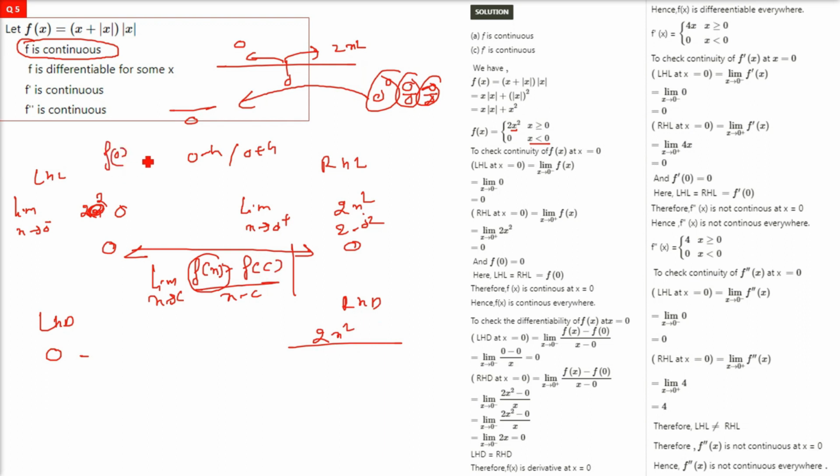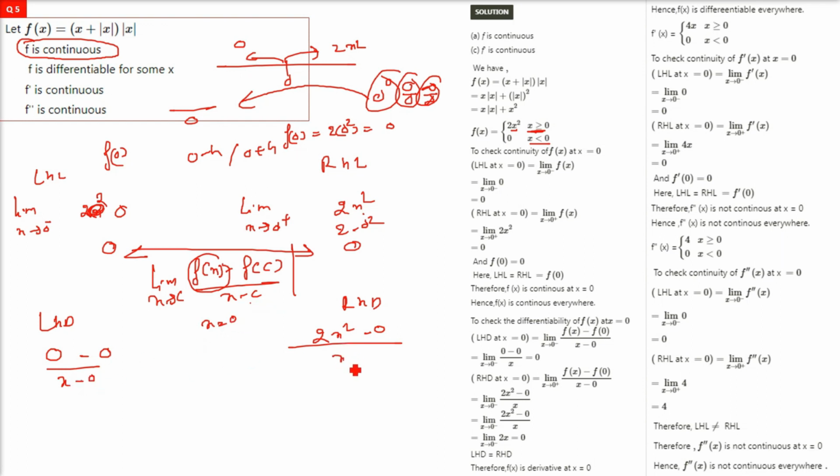Okay, what is f(c)? What is f(0)? I just told you. Just put the value of 0. 2x square came when x was greater than or equal to 0, so it is the equality. 2 into 0 square is 0. So f(c) is 0, f(0) is 0. Divided by x minus c. x, you can keep x like that, because we are not replacing it by 0 minus h or 0 plus h. But c, of course, we are checking at 0, so c is 0.